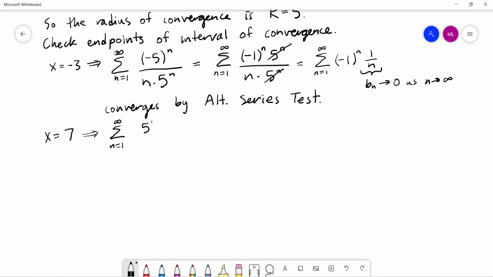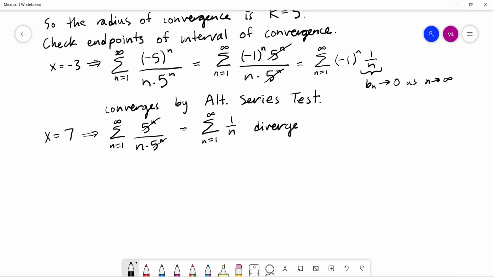This is just 5 to the n over n times 5 to the n. Those 5 to the n's cancel, and we get the sum from n equals 1 to infinity of simply 1 over n. This is the harmonic series, the p series with p equals 1, and that diverges.